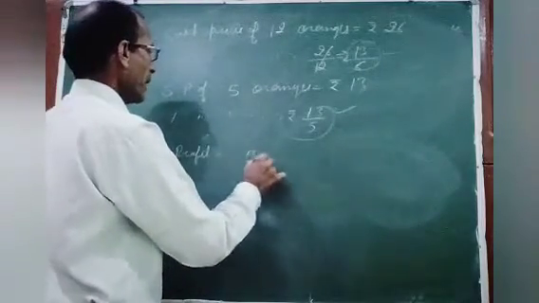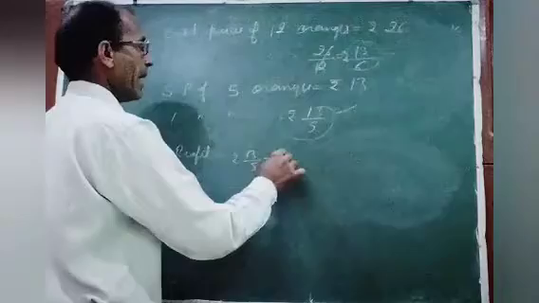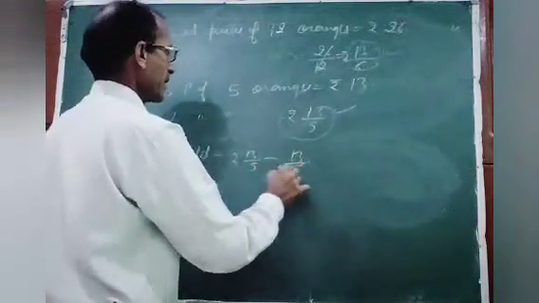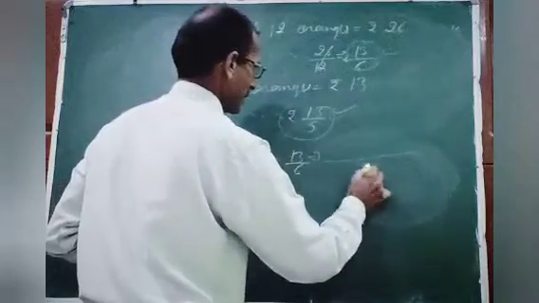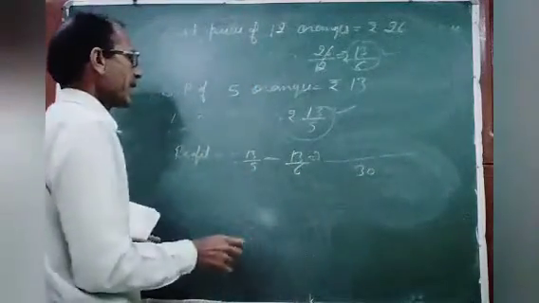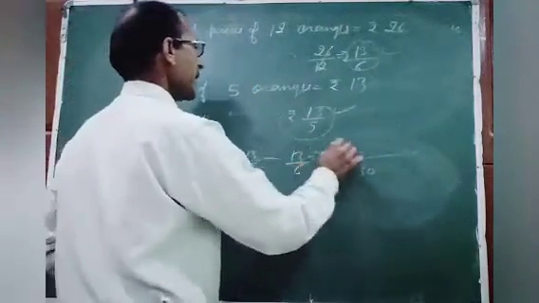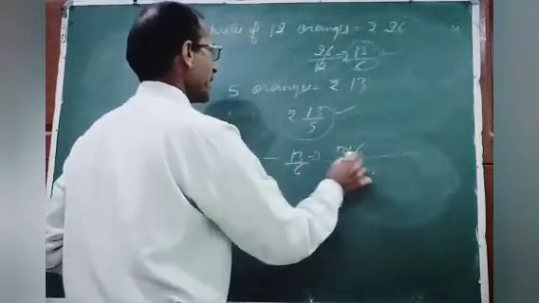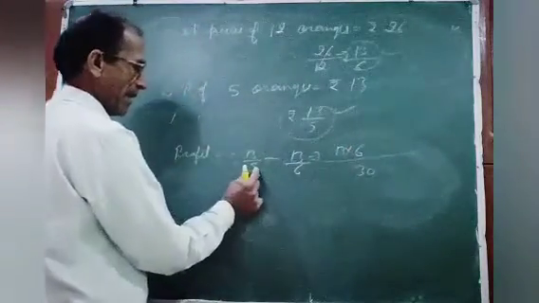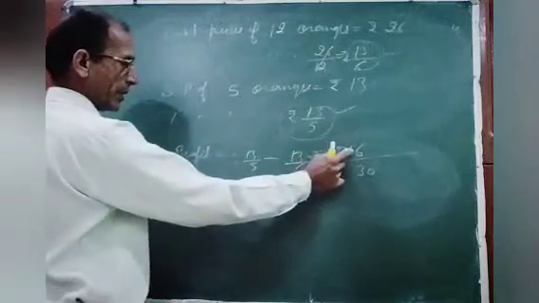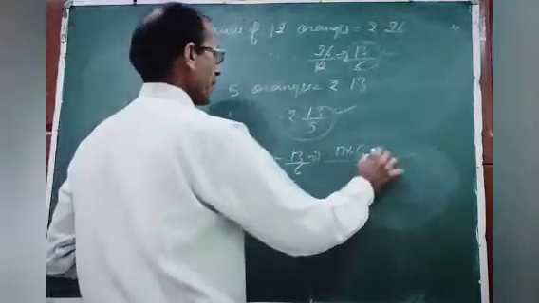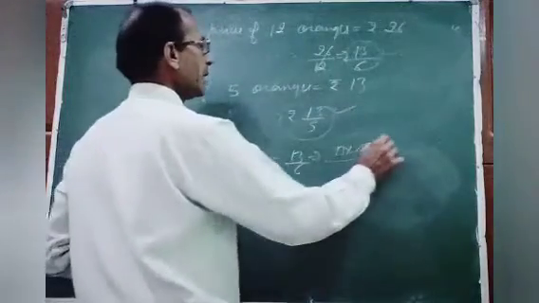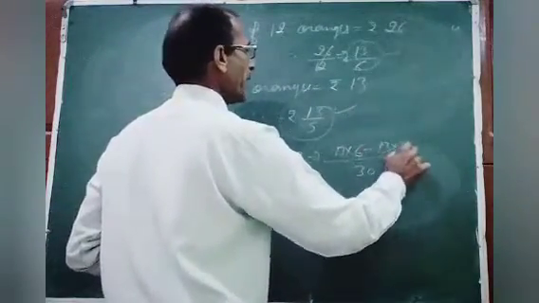So 13 by 5 minus 13 by 6. What will be the LCM? LCM will be 30. By taking LCM 30, divide 30 by 5, 6 will be the quotient, so 13 multiplied by 6. 30 divided by 6 is 5, and 13 multiplied by 5.